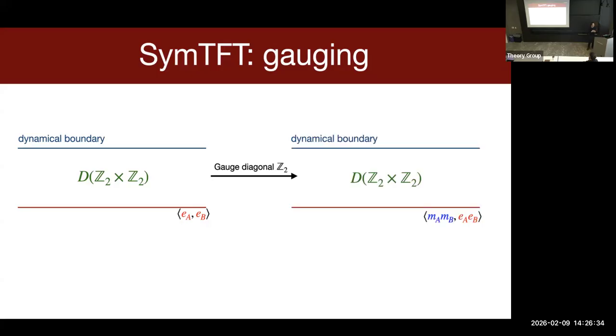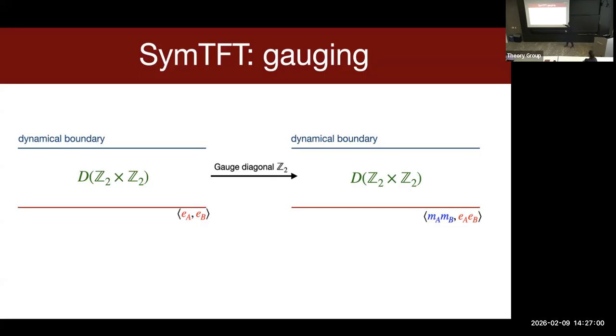The way to gauge in the sandwich picture is to change this symmetry boundary condition that I said was fixed the whole time. And what do we change it to? If I want to gauge the diagonal Z2 symmetry, what I want to change this boundary condition to is the boundary that, if this were the dynamical boundary, this state would correspond to SSB to the diagonal Z2.